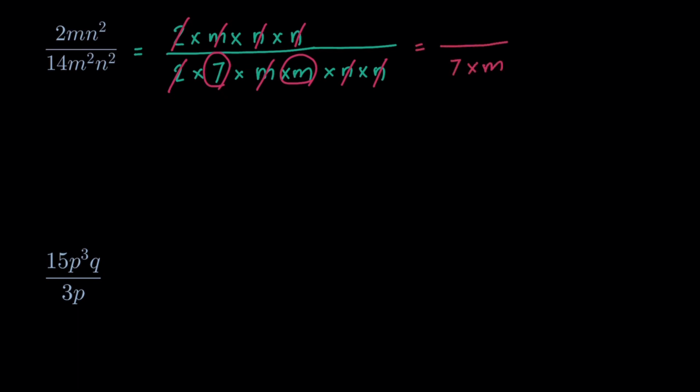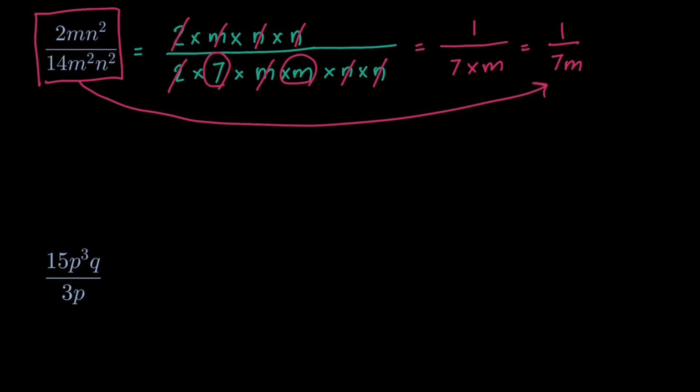And everything's been cancelled out on top, and that means there's a 1. And so it is 1 over 7m. So 2mn squared over 14m squared n squared can be simplified to 1 over 7m.